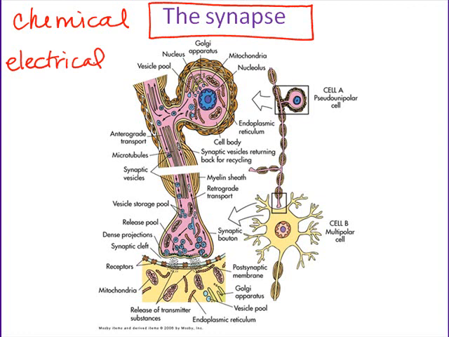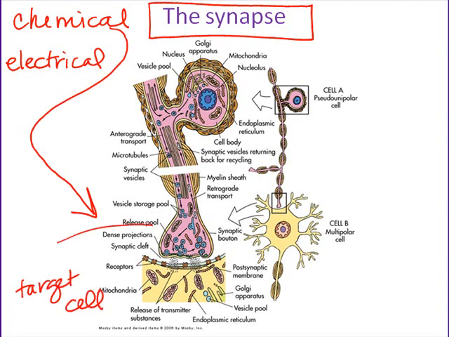Now let's take a look at a chemical synapse. That's the example you see down here. In a chemical synapse, there is always a very tiny space between the target cell, down here in yellow, and the presynaptic neuron here. That space between the two is called the synaptic cleft.